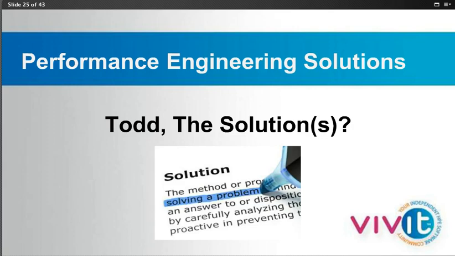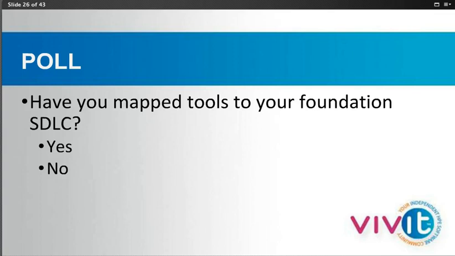Unfortunately, I think most people immediately go to tools, and what does that look like? So again, as we think about a foundation around an SDLC, as we then talk about performance engineering and some defined enterprise standards, immediately I want to go to, we probably already have some of these assets. And that's what this poll is going to be around: have you mapped tools to your foundation SDLC?